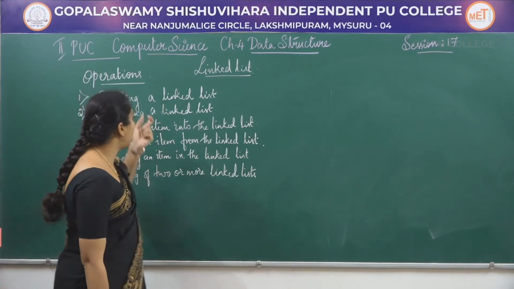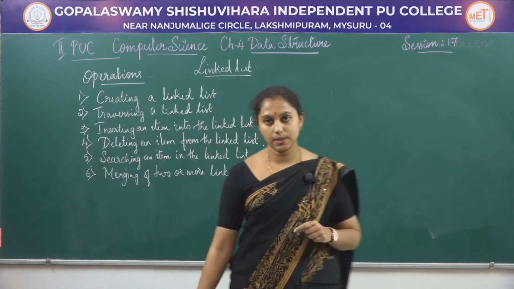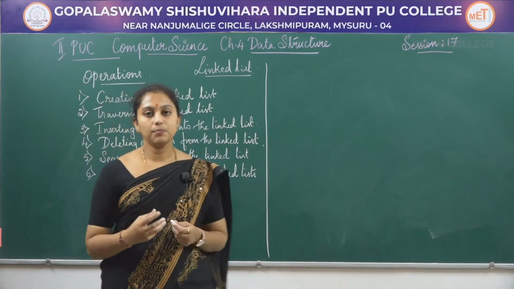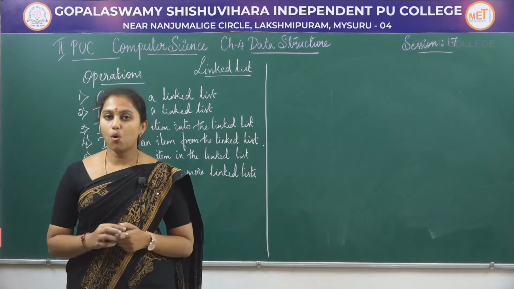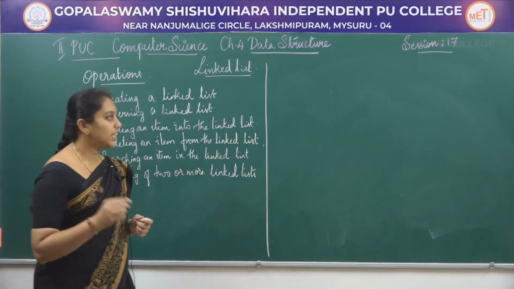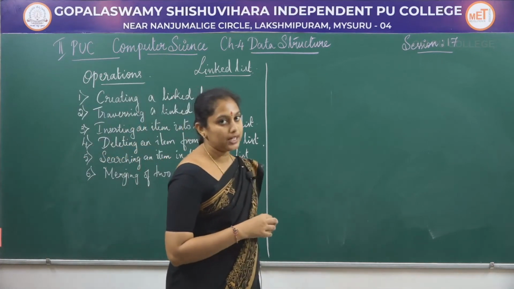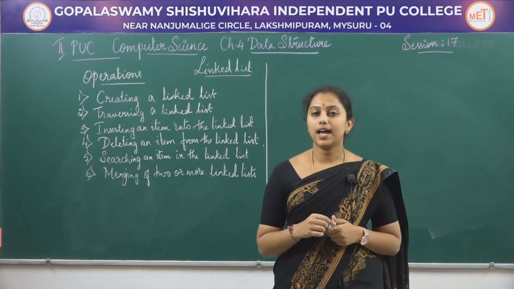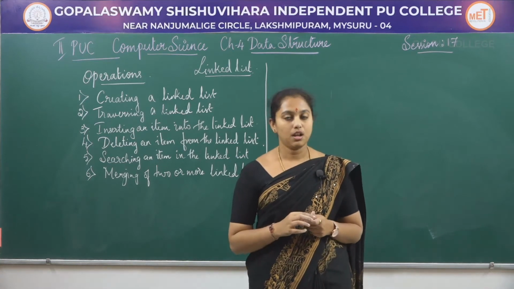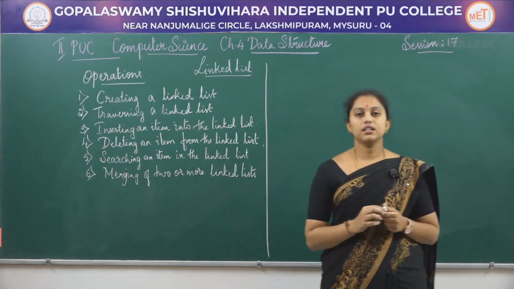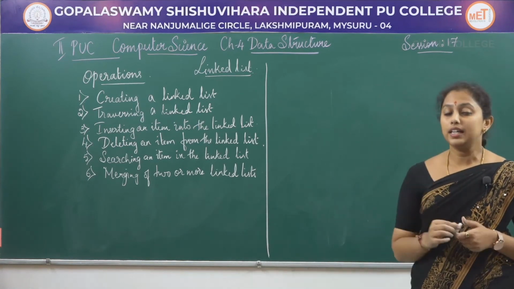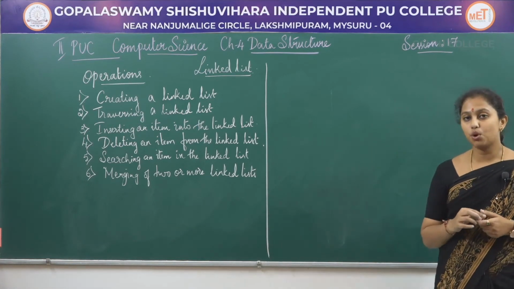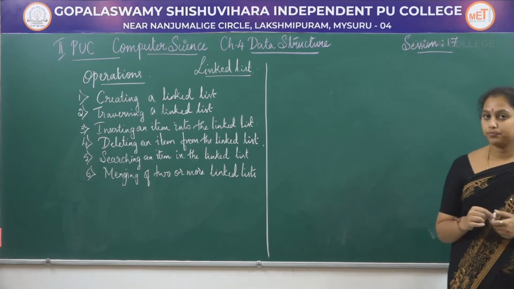Now let's see how to create a linked list. A linked list is a linear data structure that contains a group of nodes, and each node contains two parts: the data part as well as the address part. The data part contains the information to be stored and the link part contains the address of the next node.